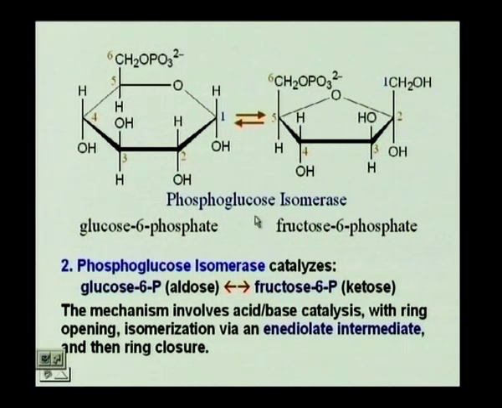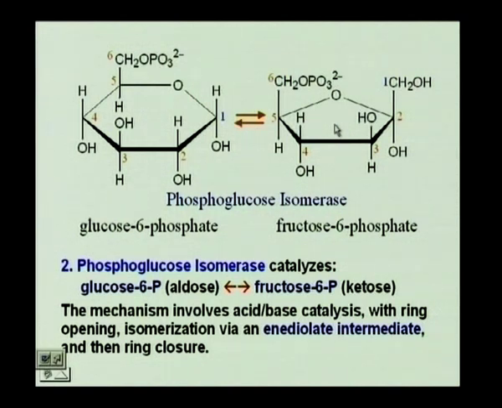Okay. So, we have glucose 6 phosphate go to fructose 6 phosphate. The enzyme involved is phosphoglucose isomerase, and the mechanism actually involves acid base catalysis with ring opening via an enediolate intermediate, and finally, we have ring closure.